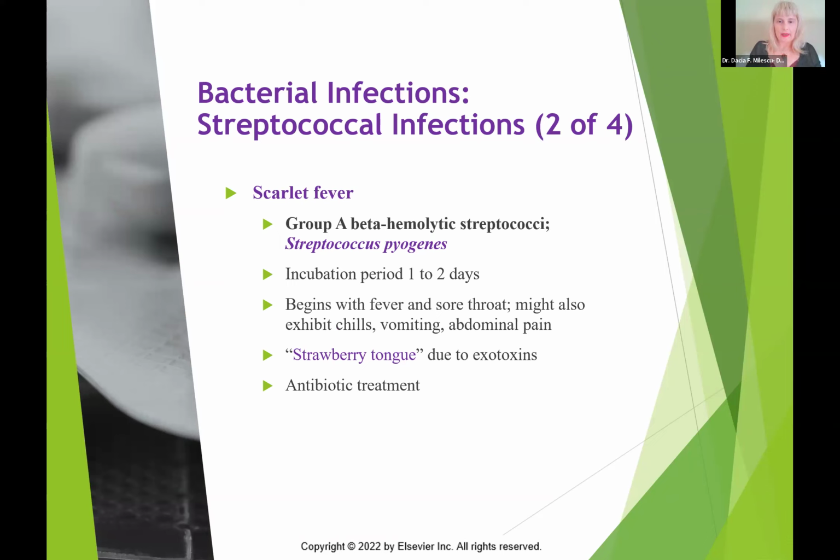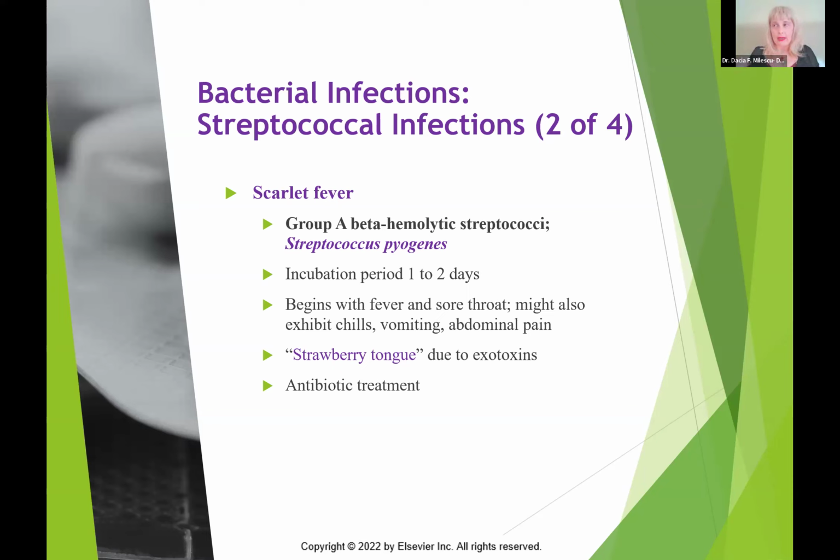The incubation period is 1 to 2 days, but it causes strawberry tongue due to exotoxin release. So this one is pretty bad. This one is called beta hemolytic streptococci or Streptococcus pyogenes. And this one causes exotoxins and you need antibiotics right away.